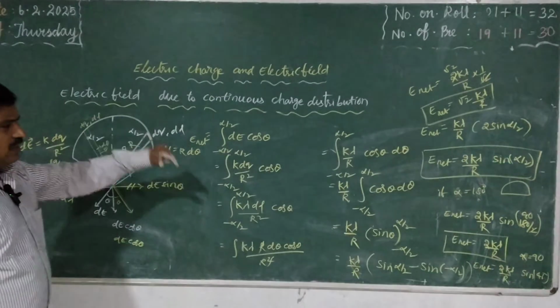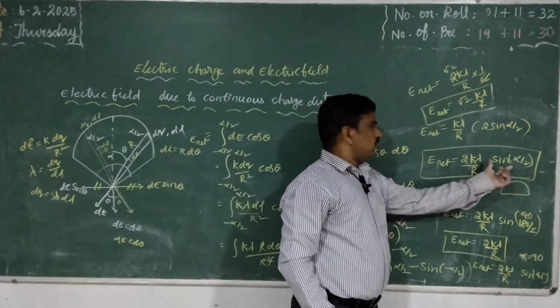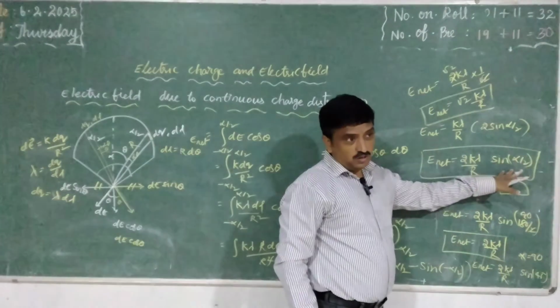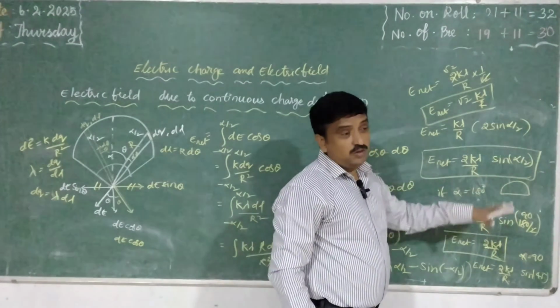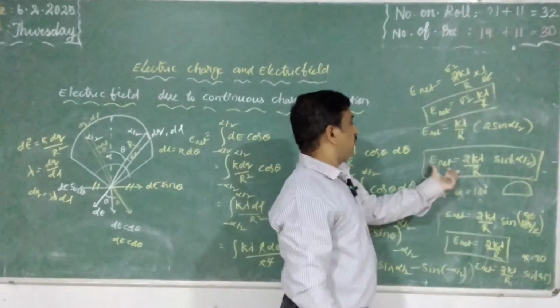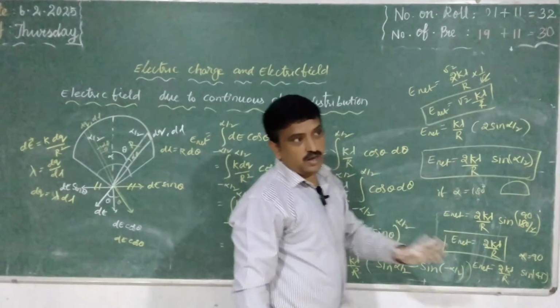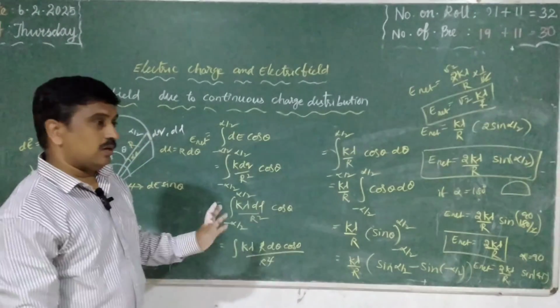So this is the general case: E net equals 2k lambda by r sin alpha by 2. Using this, we can easily find the net electric field due to a semicircular rod or quadrant rod. This is the general formula, a shortcut for finding the net electric field due to a continuously charged semicircular rod or quadrant. For the quadrant, what is the formula?